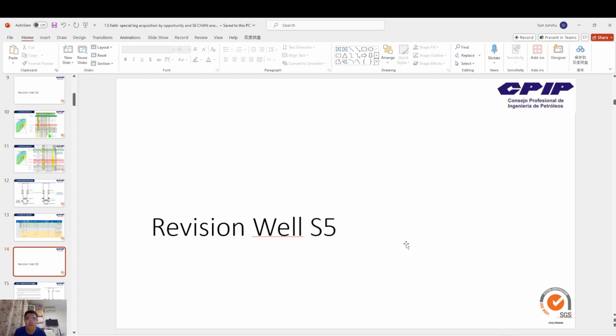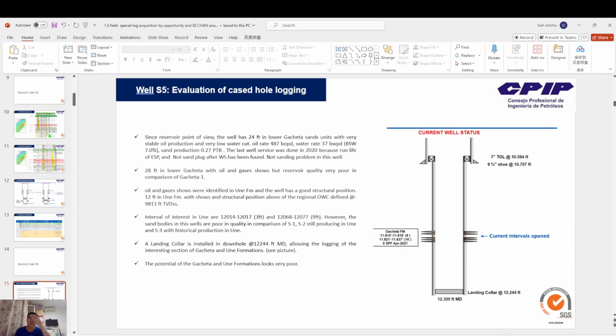Revision of well S5. From the reservoir point of view, the well has 24 feet in lower Gajita sands unit with very stable oil production and very low water cut. Oil rate 487 barrels per day, water rate 37 barrels per day, so BSW 7%.